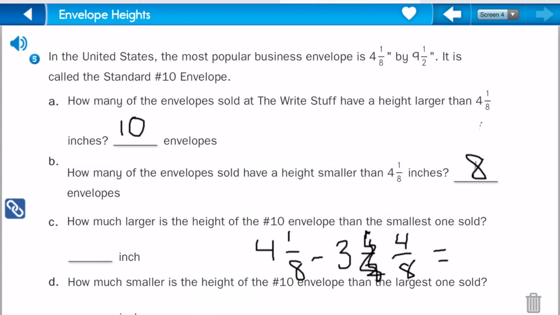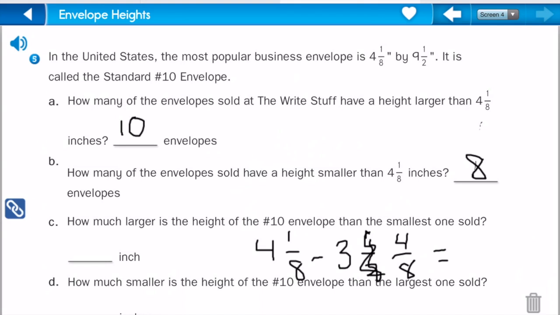And so, if we look here, we can't subtract. So we're going to have to change 4 1/8 into a mixed number. Okay. So, 4 1/8, what would that be?